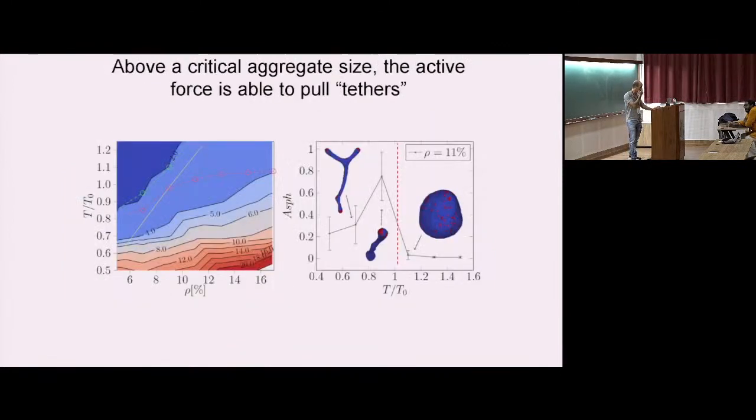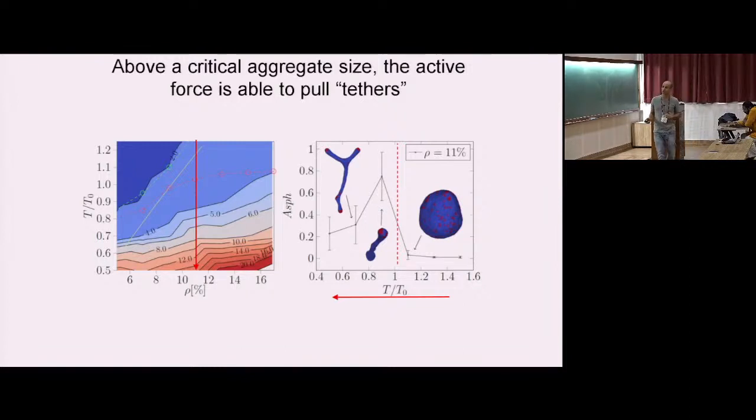And you can actually do this calculation. Do I have it here? Yeah, okay. So before that, I just want to show you that indeed, as a function of the temperature, you can see clearly that you transition from small aggregates that are not big enough to form the tethers to aggregates that are large enough in order to form the tethers.